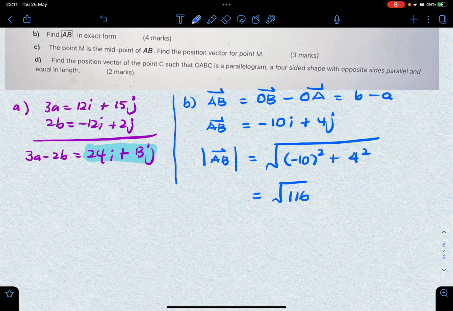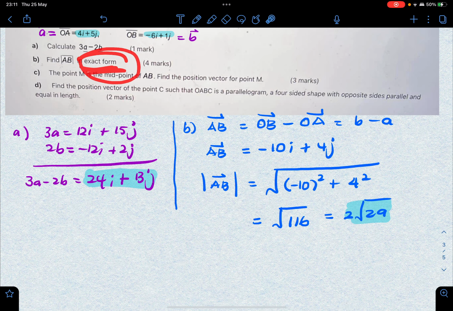You can simplify that using your calculator as 2 square root of 29. So that's your magnitude of AB, and they want it in exact form. So exact form means you shouldn't write it as a decimal. You leave the surd as a surd.